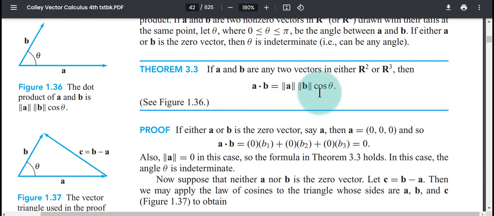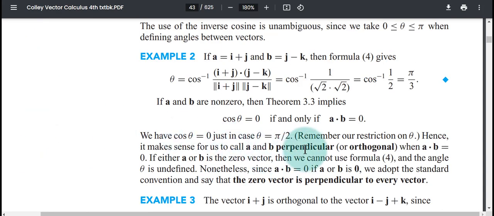And what does that mean? That means that the two vectors must be perpendicular. Another word for perpendicular in terms of vectors is orthogonal. And this word is used more often when we're talking about n-dimensional vectors, or more than 3-dimensional vectors.